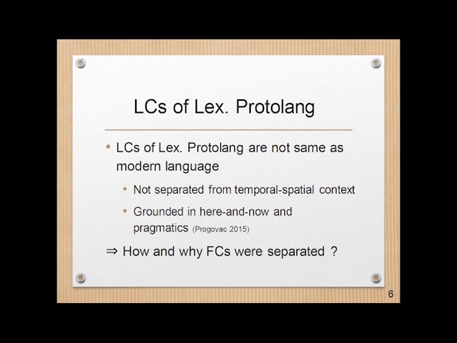Therefore, lexical protolanguage couldn't have expressed situations away from the here and now, and its interpretation was grounded in pragmatically probable situations. Then the next question is how and why functional categories were separated and emerged.